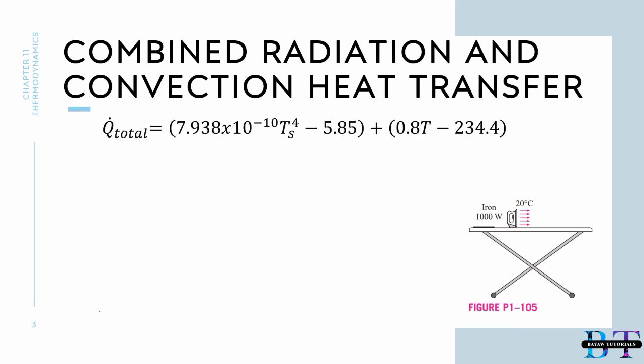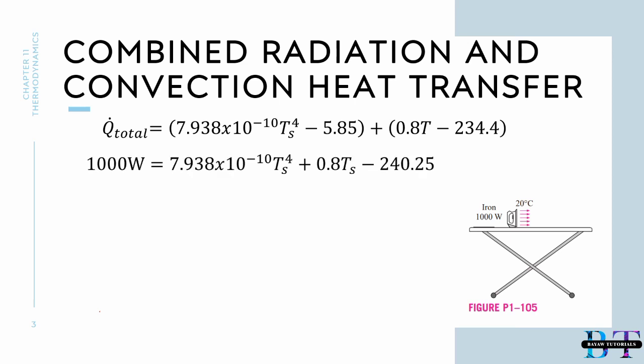Inputting that into our first equation, we'll have 7.938 multiplied by 10 raised to negative 10 T sub s raised to 4 minus 5.85, plus 0.8 T minus 234.4, as well as our Q total of 1000 watts.